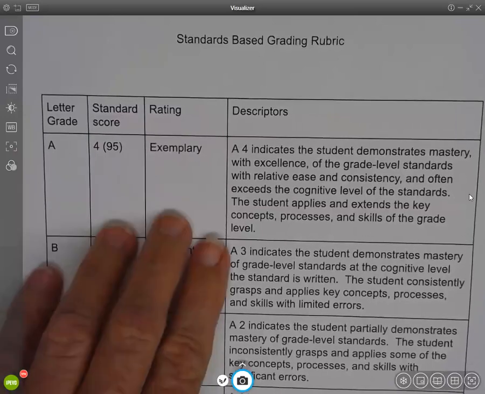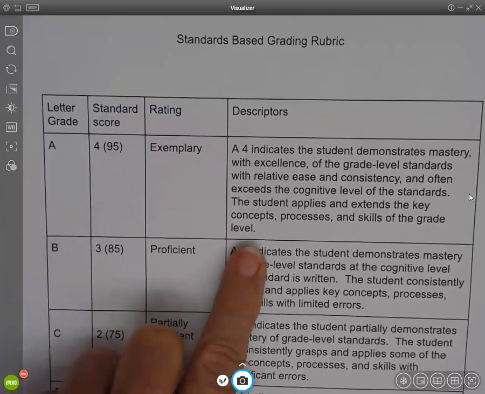In order to get an A, you have to demonstrate mastery with excellence of the grade level standards with relative ease and consistency, and often exceeds the cognitive level of the standards. You go above and beyond what is required by the standards.